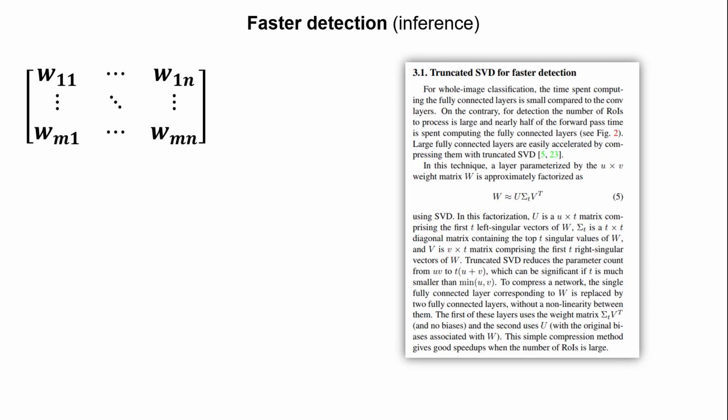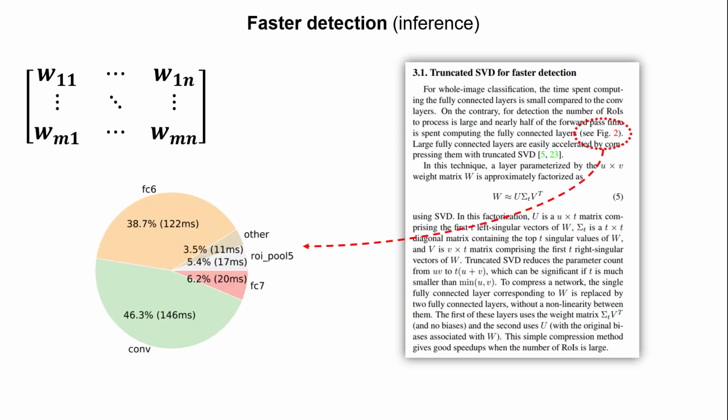If we take a look at the figure mentioned in the paper, we can see that FC6 accounts for 38.7% and FC7 accounts for 6.2% of the whole inference time, which is a lot.